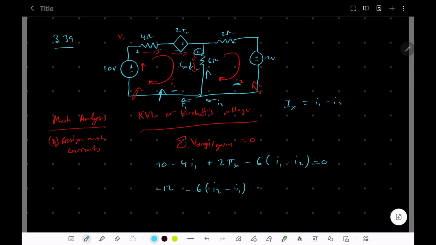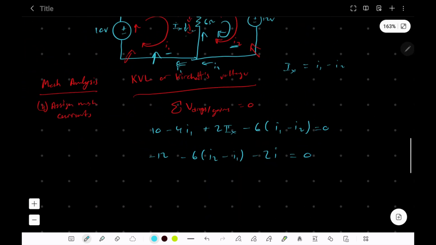And then you're going to have another drop because of this resistor here, because I2 is flowing this way, clockwise, and so there's going to be another drop there, and that's going to be equal to 0.